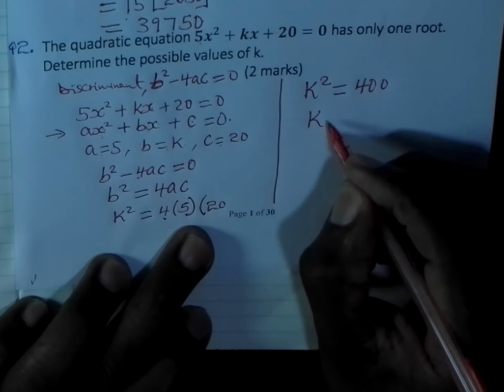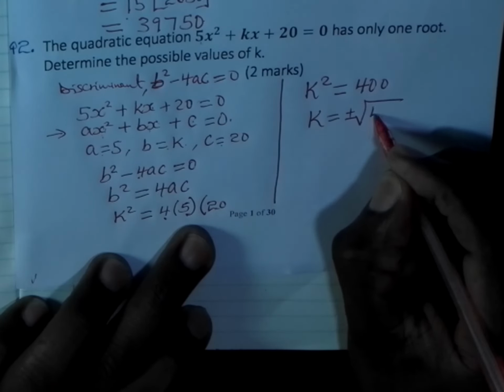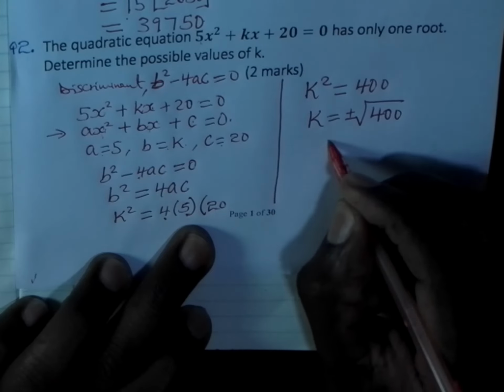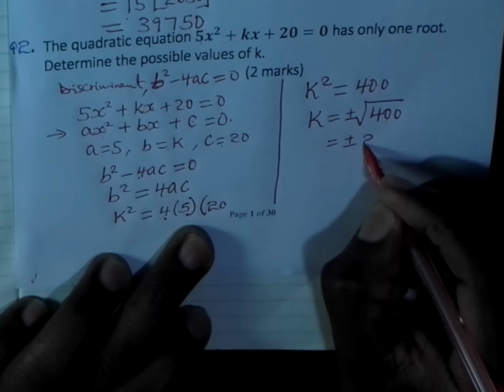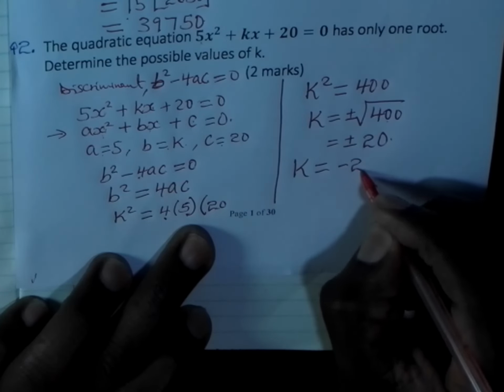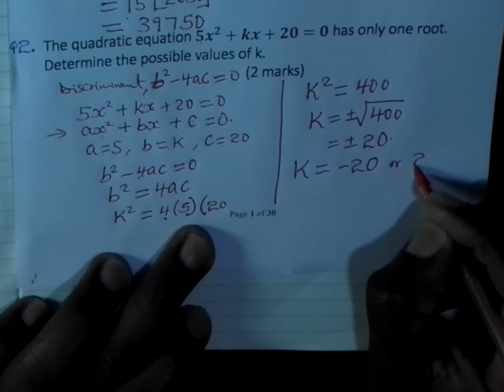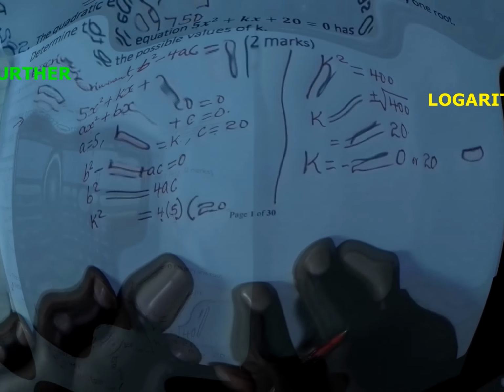Therefore, to get k, it is plus or minus the square root of 400. And the square root of 400 is 20. Therefore, k is either minus 20 or positive 20. And that is the value of k.